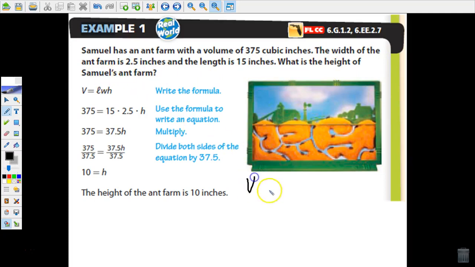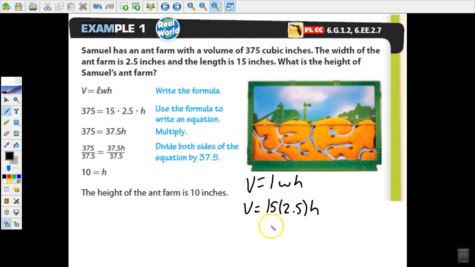First things first, write my formula, V equals LWH. So I know the width and I know the length. So V equals, my length is 15. My width is 2.5. And then my height.